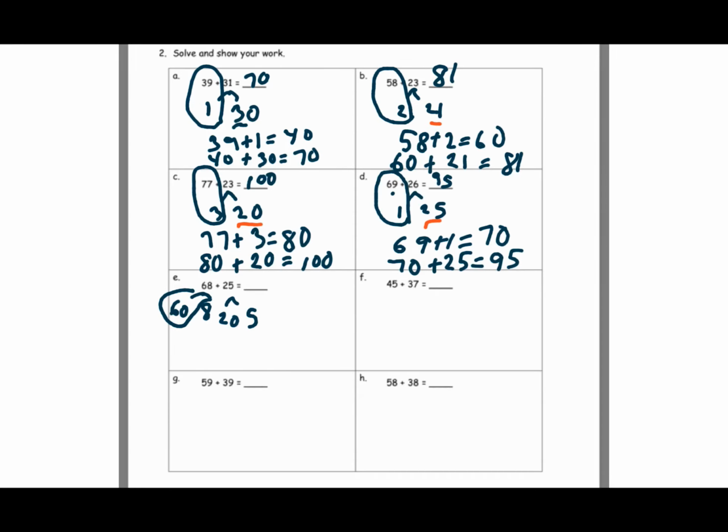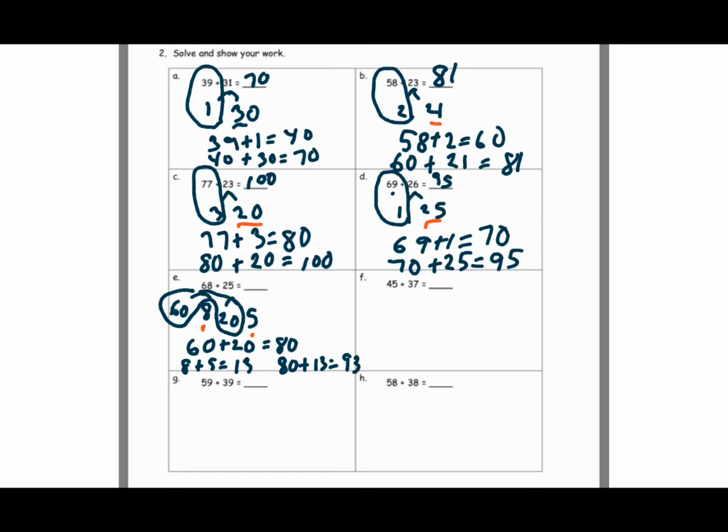So it's going to be 60 plus 20 would be my first problem. 60 plus 20 is equal to 80. And I have my 8 and 5. So I'll write down 8 plus 5 is equal to 13. Let me write down my last problem. So 80 plus 13 is equal to 93.